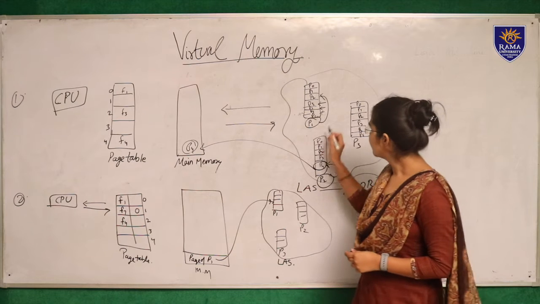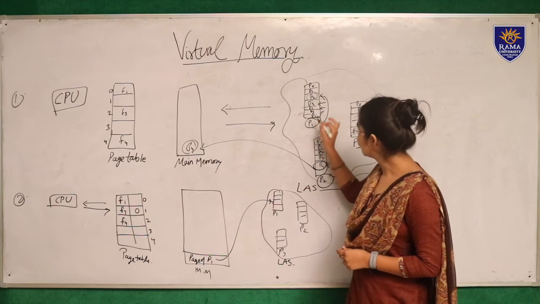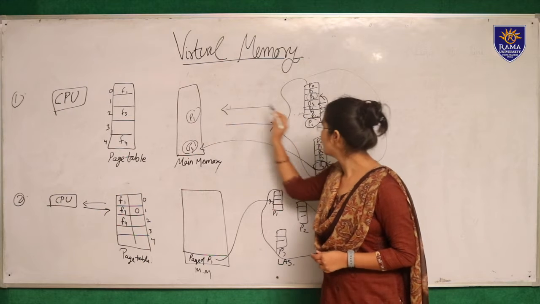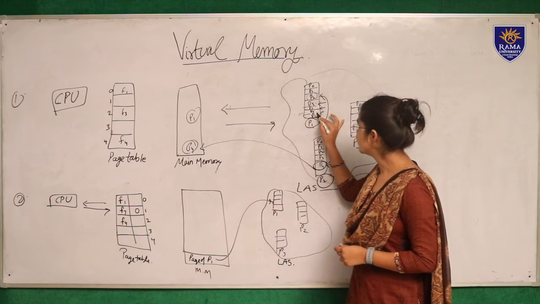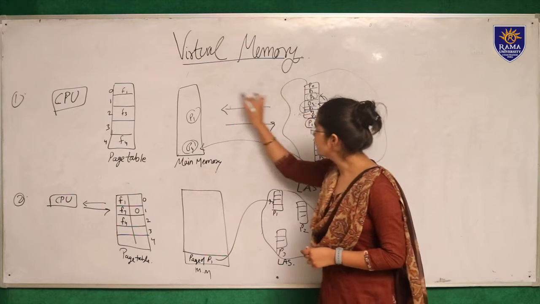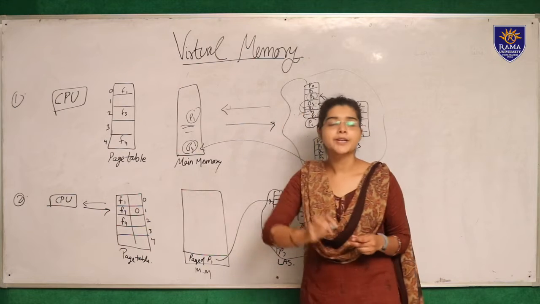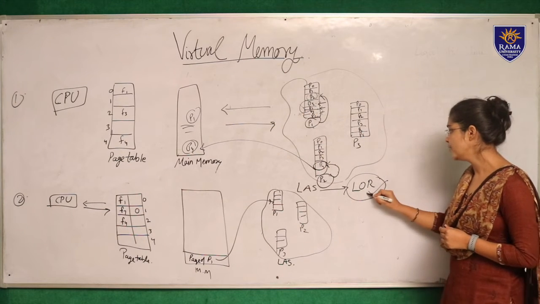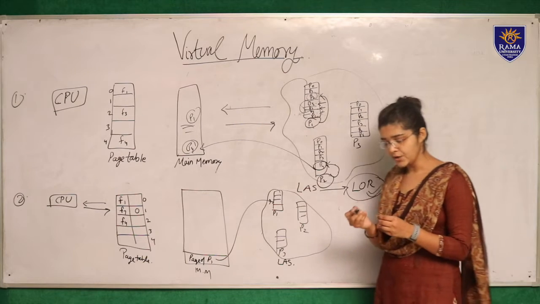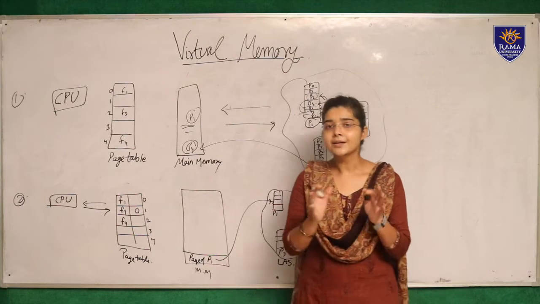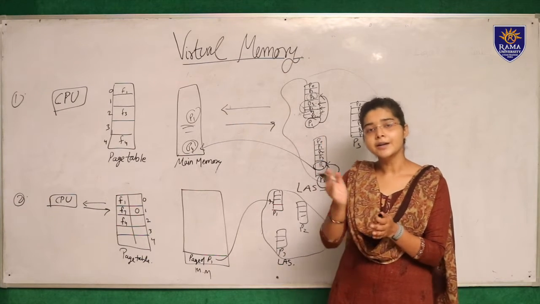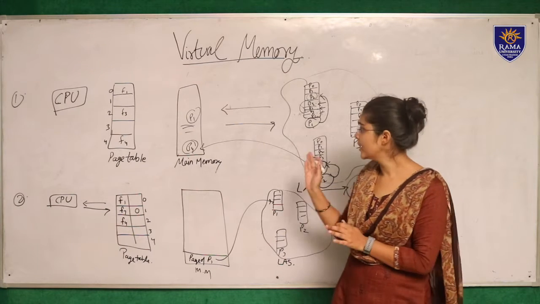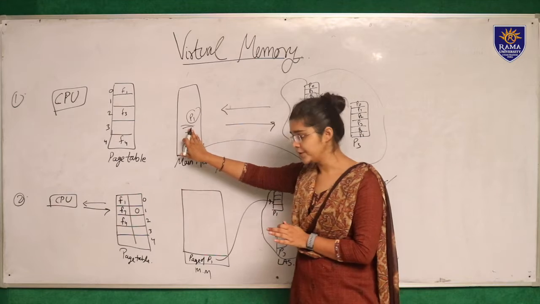So when we put page P2 of process P1 in main memory, the nearby pages P3, P4 and P5 automatically come and are put into main memory. That is the basic concept of locality of reference. To summarize, in locality of reference, the nearby pages of the one the CPU demands are put into main memory.